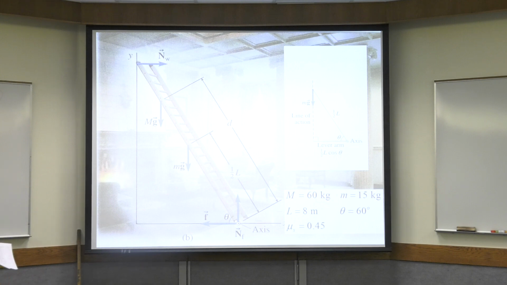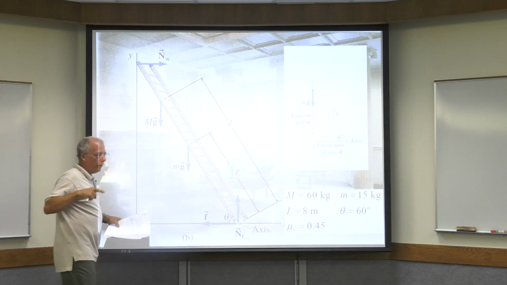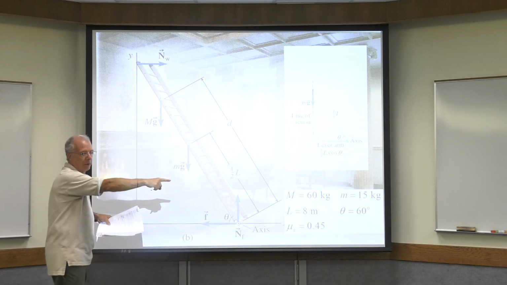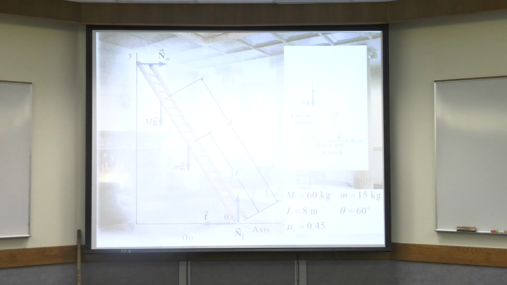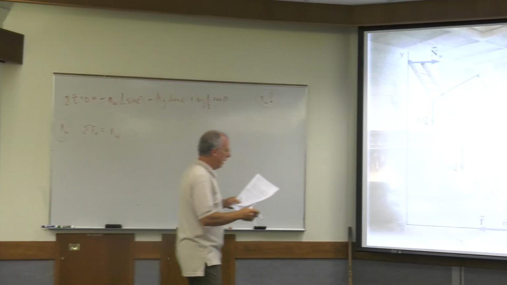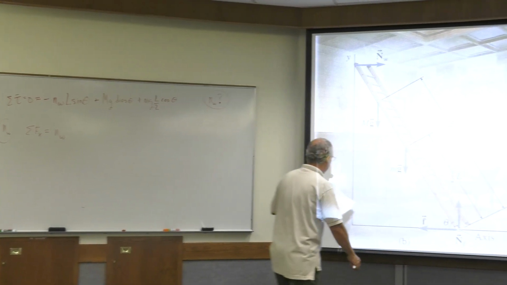Bummer. That's okay. N_W is in the x direction. What do I want to be true about the sum of the forces in the x direction? The sum is 0. No problem. So the sum of the x forces: N_W to the right, and F_s max to the left.